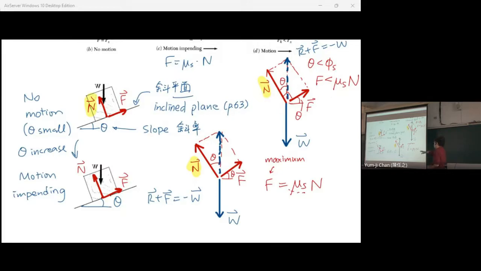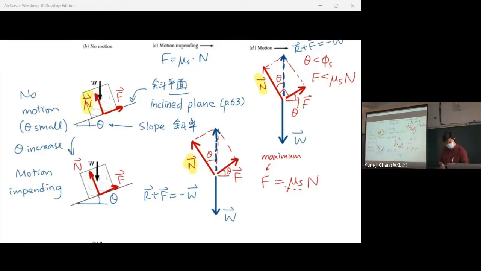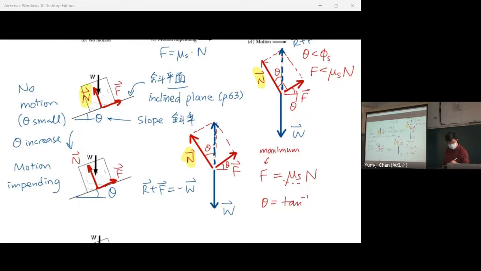So if F is equal to mu s times N, what is theta? We know F is equal to mu s times N, and this is N. So this angle theta is equal to arctangent of mu s times N over N, which is equal to arctangent of mu s.